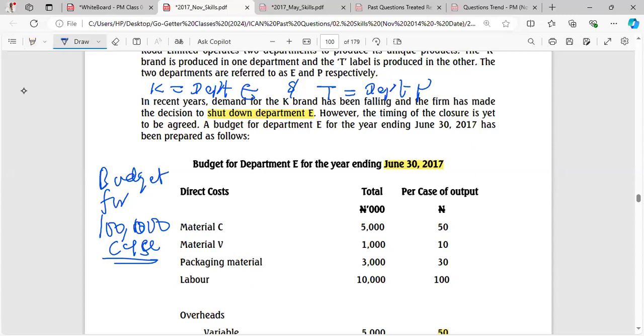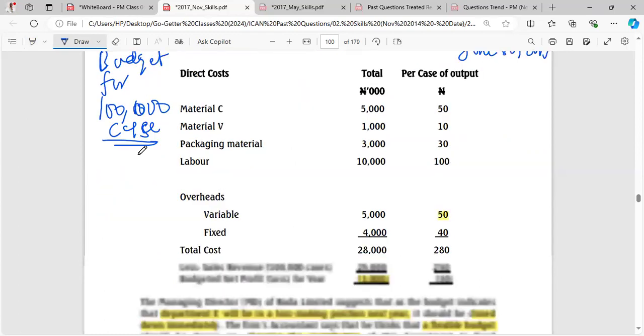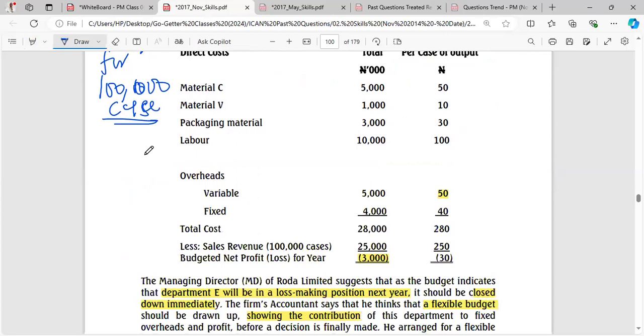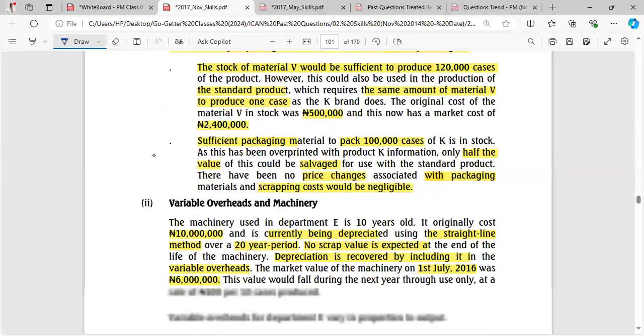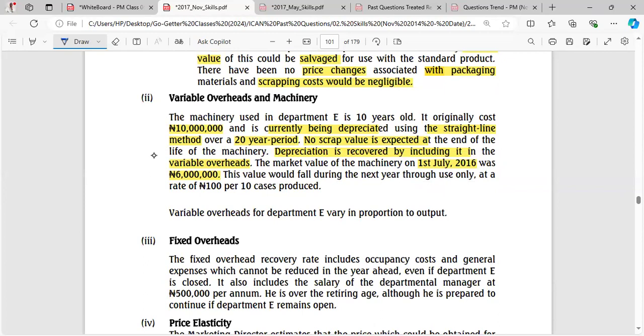It must have started from when? July 1, 2016 to what? June 30, 2017. Now, what did they quote here? They said as at 1st July 2016, this is the start of the year.